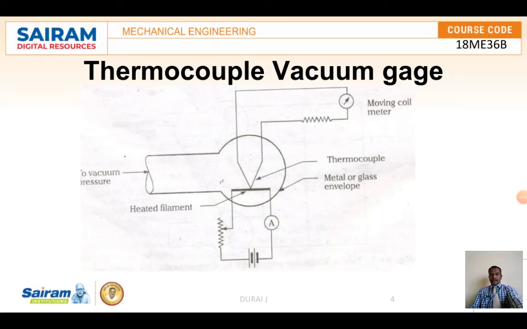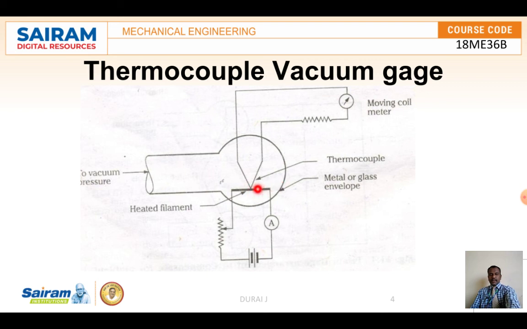In a simple way, the vacuum pressure is supplied here, and according to that the heated filament varies its thermal conductivity property.